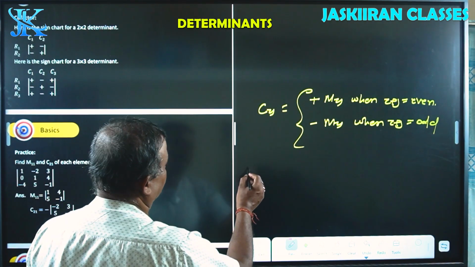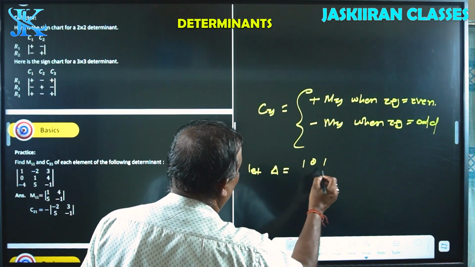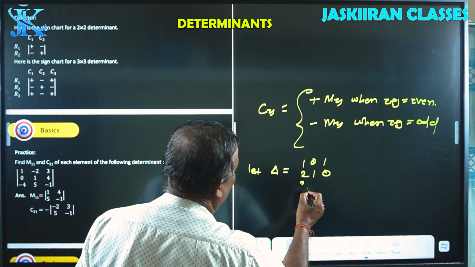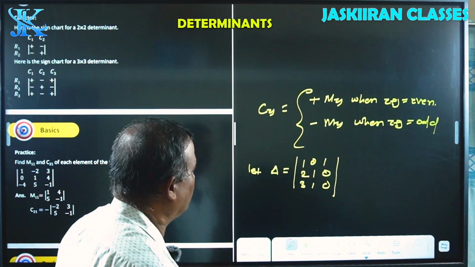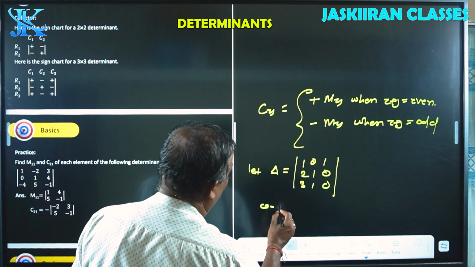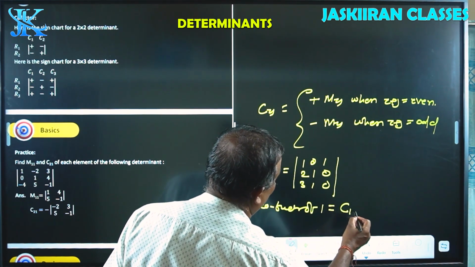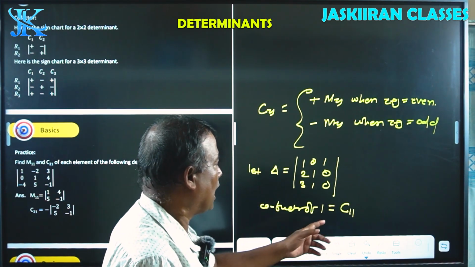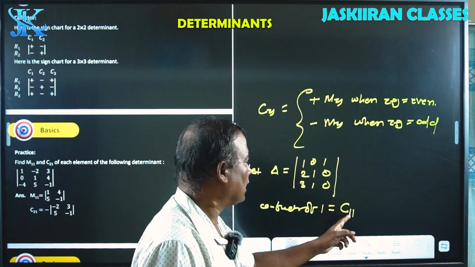For example, let delta equal to 1, 0, 1, 2, 1, 0, 3, 1, 0. So now, the cofactor of 1. Cofactor of 1 means C11. C11 means i-th row and j-th column. i is 1 and j is 1.